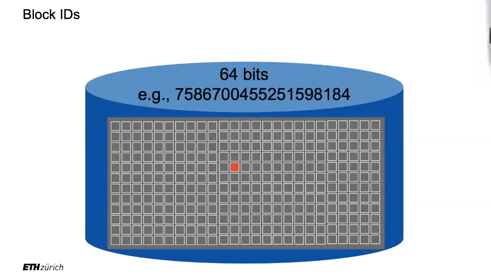All right. Now, again, a few words on block IDs. This is a block ID, so I colored it like there. Of course, this is random, right? But so there is a block here, and its block ID is 7586700 and so on, right? So it's a very big integer, obviously. It's actually an integer that's called a 64-bit integer. It's called a long in some programming languages. Who heard of longs?